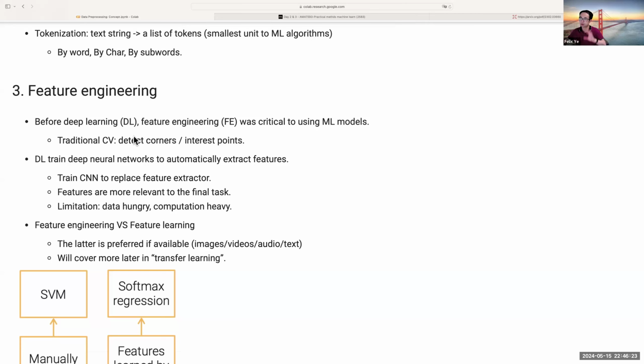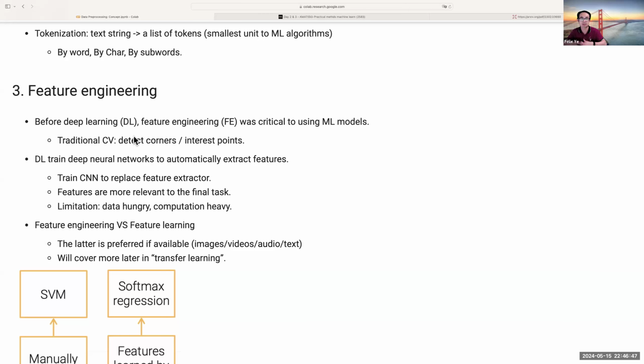For example, if we think about how to predict digits with traditional computer vision, maybe you can detect the corners of the numbers, or some interesting points that we can count.